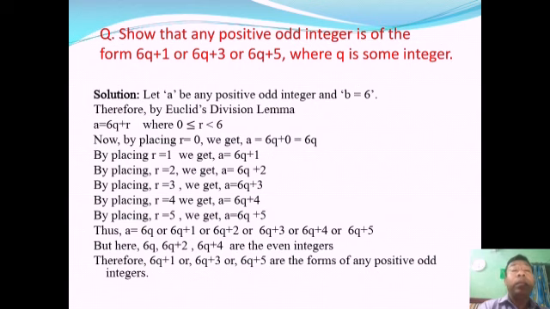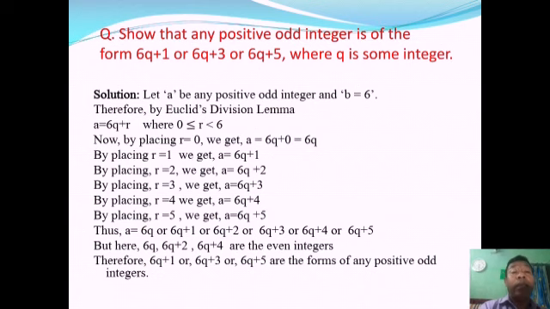That means R can be 0, 1, 2, 3, 4 and 5. Now, by placing R equal to 0, we have A equal to 6q. By placing R equal to 1, we have A equal to 6q plus 1. By placing R equal to 2, we have 6q plus 2, and so on. At last, when R equal to 5, we have A equal to 6q plus 5.